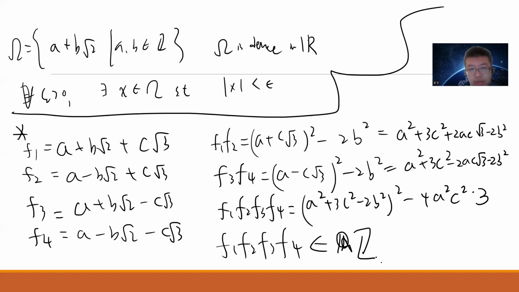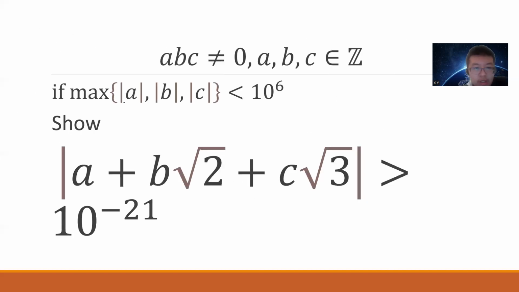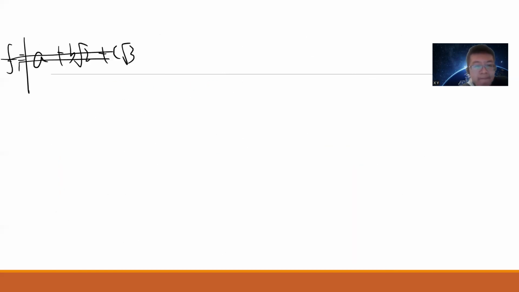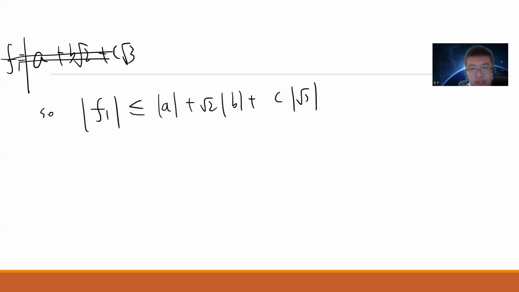Now we can easily find the maximum for f1, or basically for arbitrary f. We have four numbers whose product is an integer, and we know that a, b, c are all bounded by 10 to the 6. So we can bound f1's upper bound: it's at most 10 to the 6 times (1 + square root 2 + square root 3).